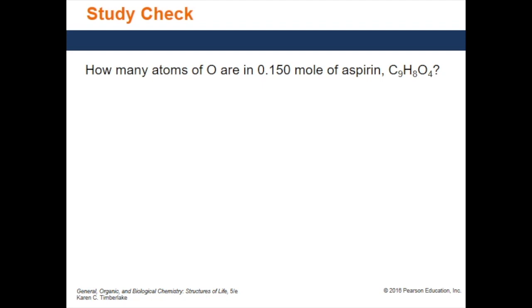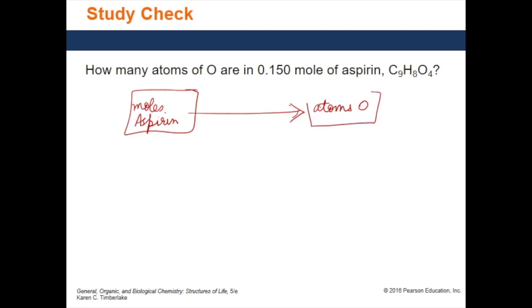of aspirin? What's given to us is moles of aspirin. The question is asking how many atoms of oxygen are present in there. What would be the first conversion factor that we see? First, we'll go from 1 mole of aspirin consists of 4 moles of oxygen. This is our first conversion factor.